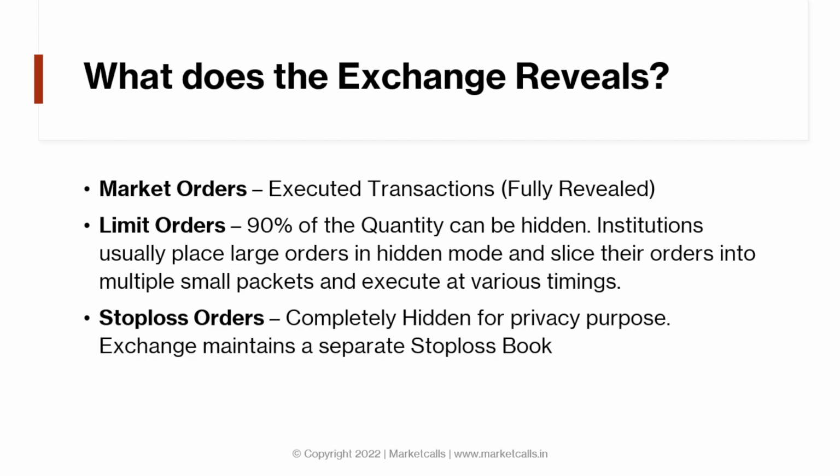Most traders also keep their stop loss at day high, day low, yesterday's high, yesterday's low, or yesterday's high plus 5 points, yesterday's low plus 5 points. That is why most traders get the feeling that their stop loss is getting hunted. But the way the exchange works, stop loss orders are not revealed to anybody, not even to institutional traders or high frequency traders.